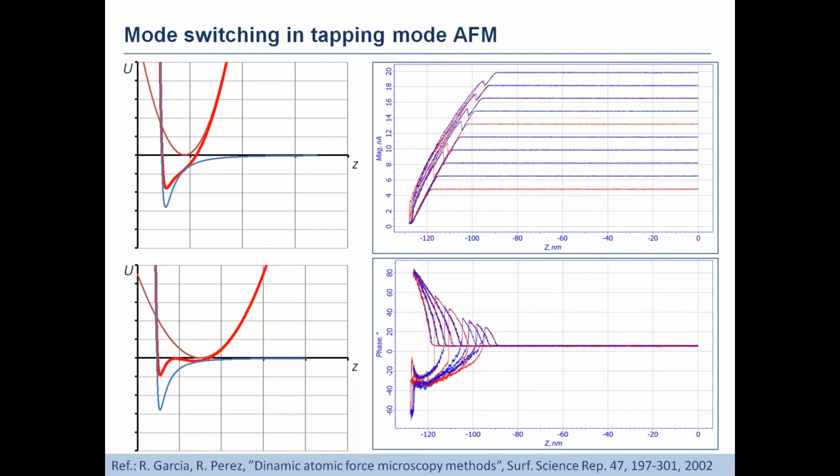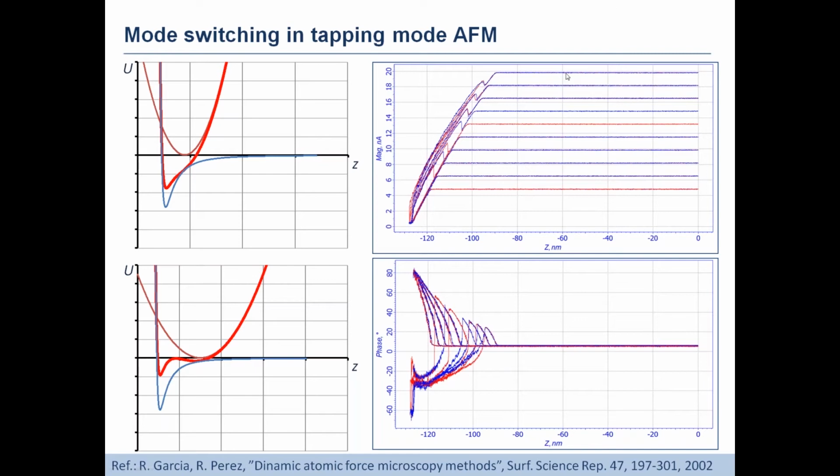And the mode switching between two curves is usually clearly visible on the amplitude versus z curves that can be measured in any AFM. And here is the set of these curves, the dependence of the amplitude of cantilever oscillations on the distance with different amplitudes of cantilever oscillations.